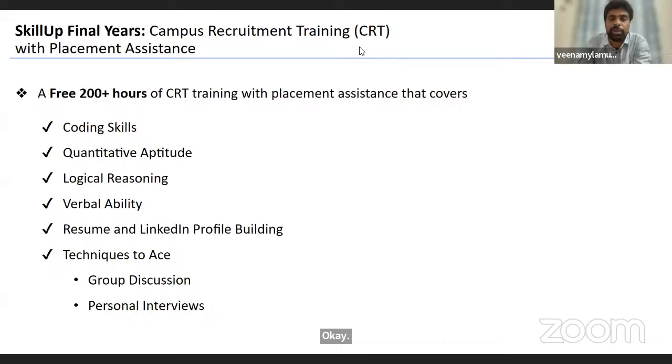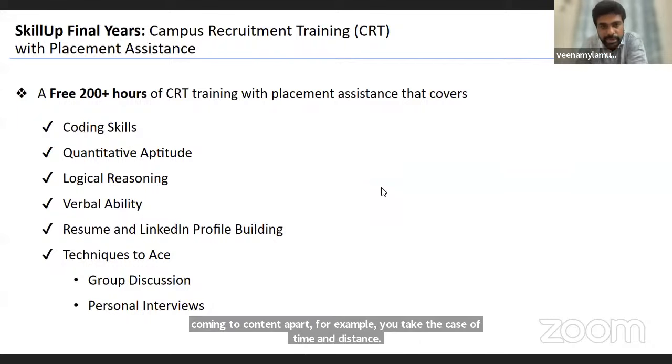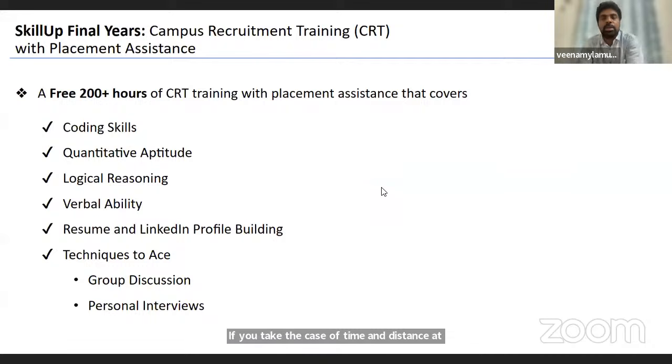Okay. Now coming to the quantitative aptitude part. For example, take the case of time and distance, or time and work. In time and work, you might have already seen some questions. Most of the students here are from final year.